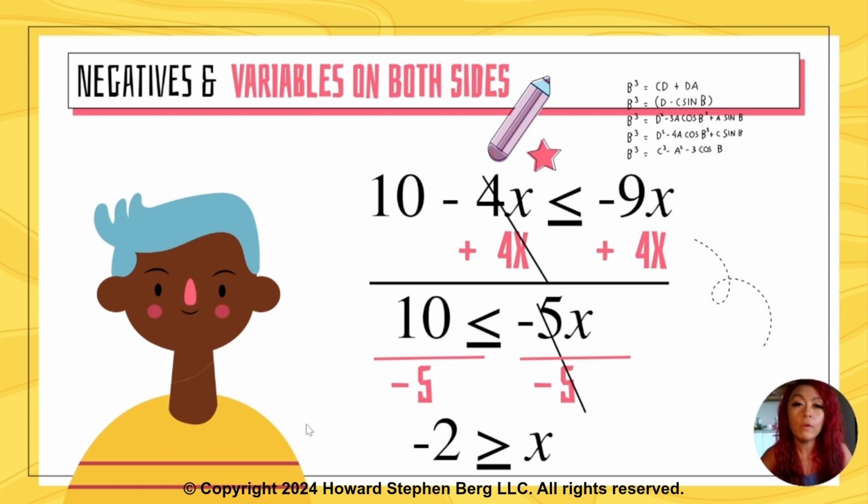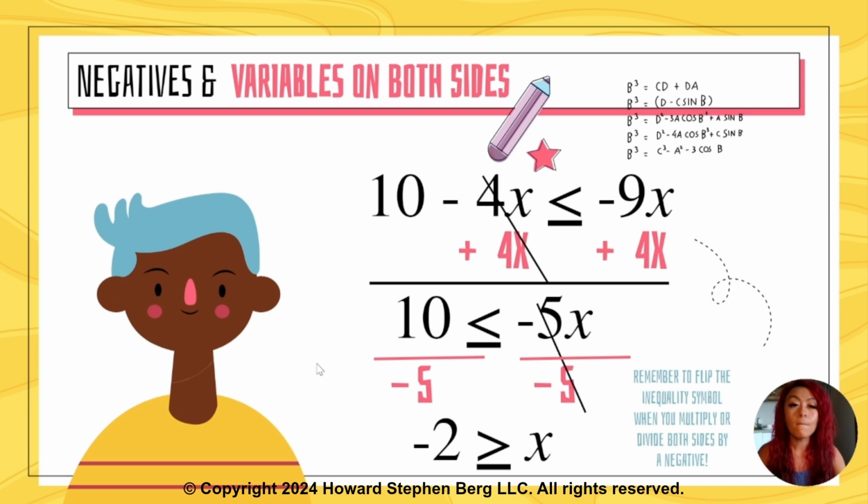So when we're working with inequalities, there's a rule. Anytime you multiply or divide both sides of the inequality symbol by a negative number, you must flip the symbol, right? So only when we're multiplying or dividing by a negative number, you must flip the symbol.